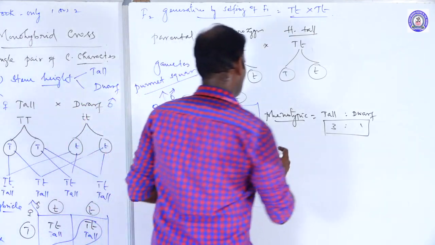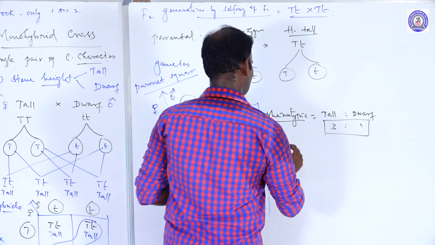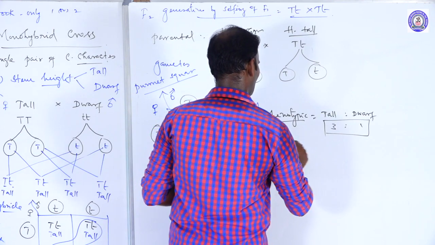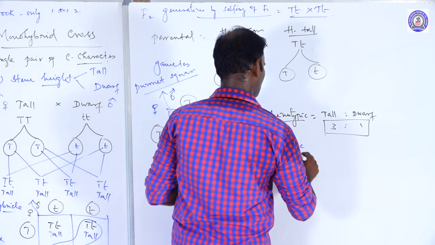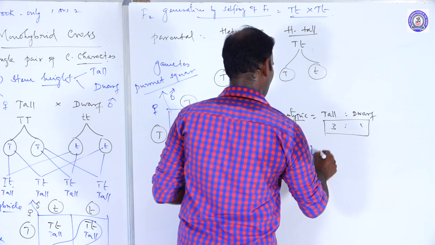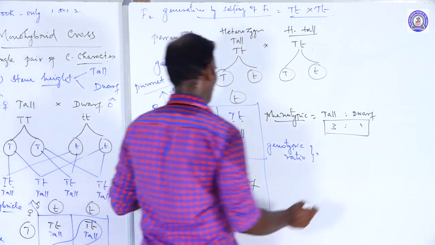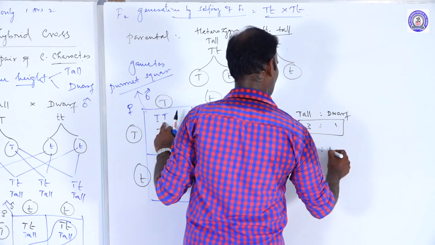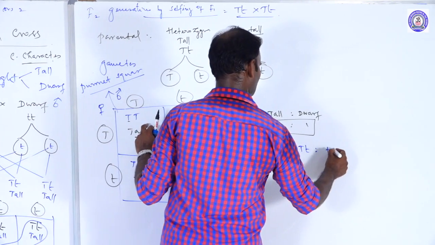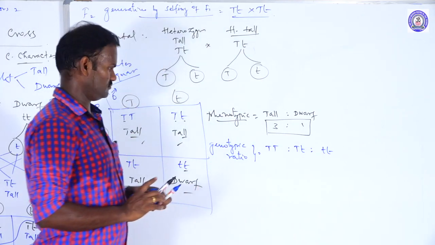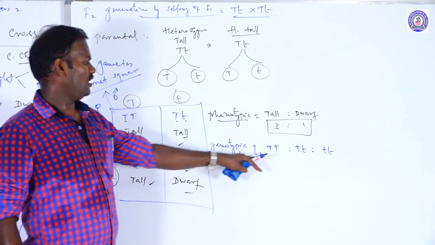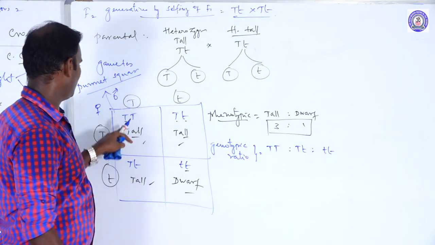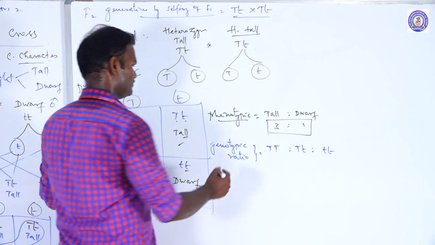But what is the genotypic ratio? Genotypically, how many capital T capital T? Only one pure homozygous tall.